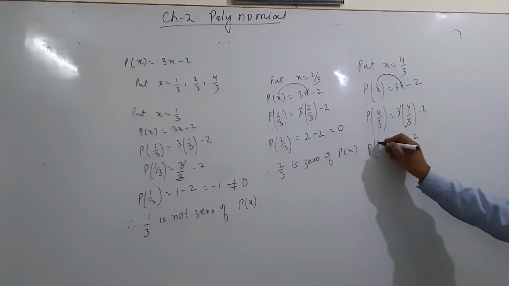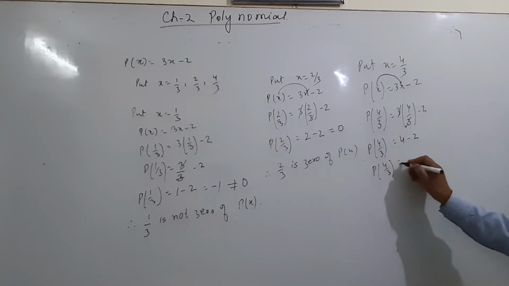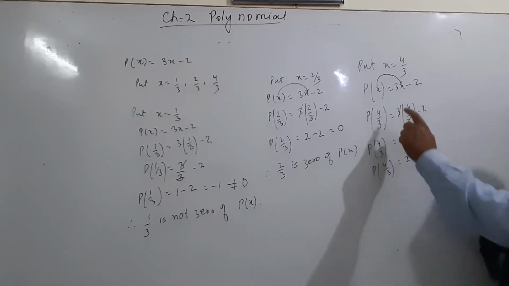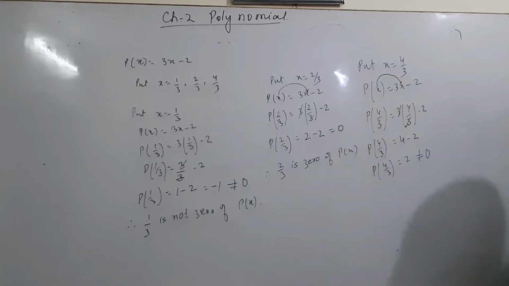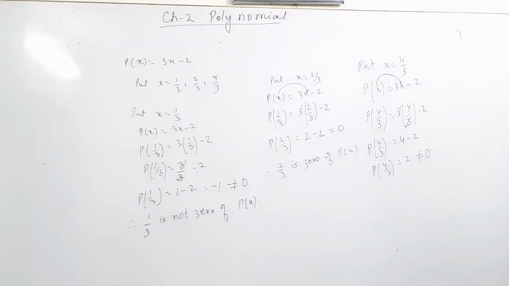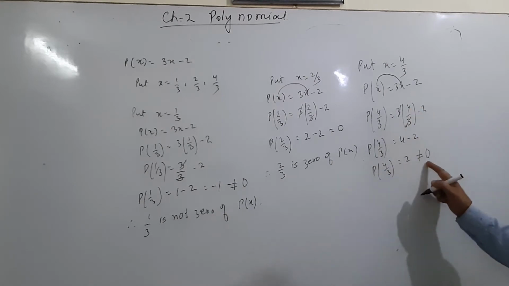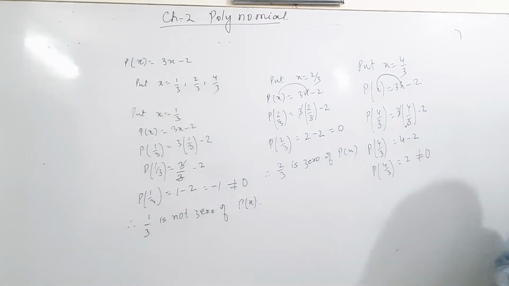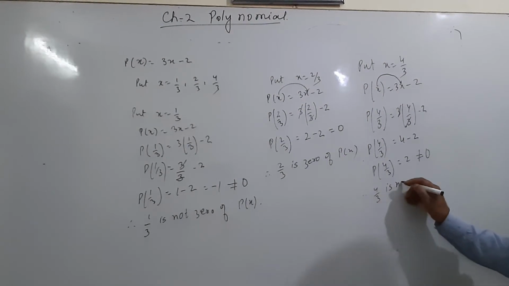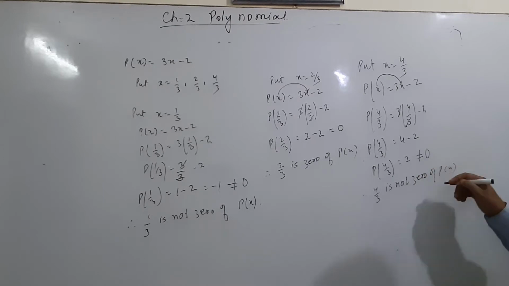So P(4/3) is equal to 2, not equal to 0. So is 4 by 3 a zero of P(x)? No. Why? Because when we put the value of 4 by 3 in place of x, the polynomial is not equal to 0. So 4 upon 3 is not a zero of P(x).